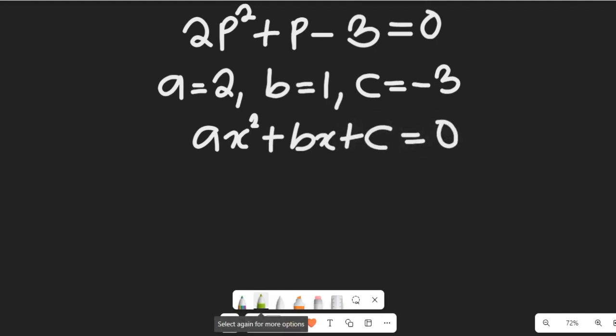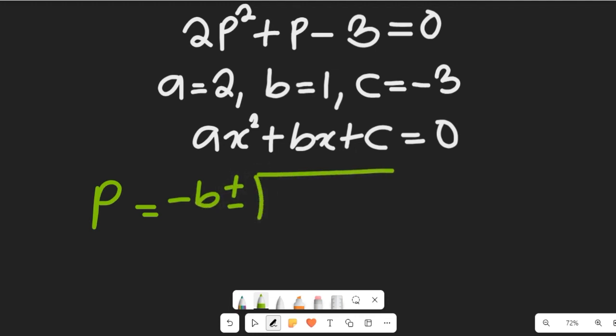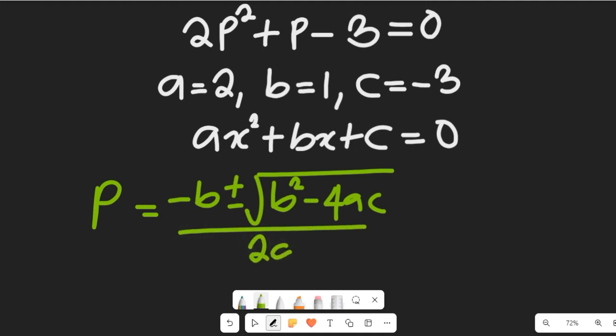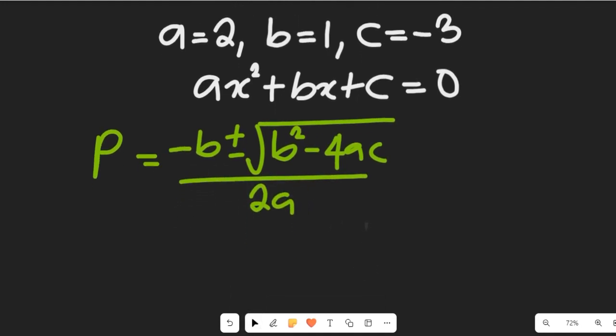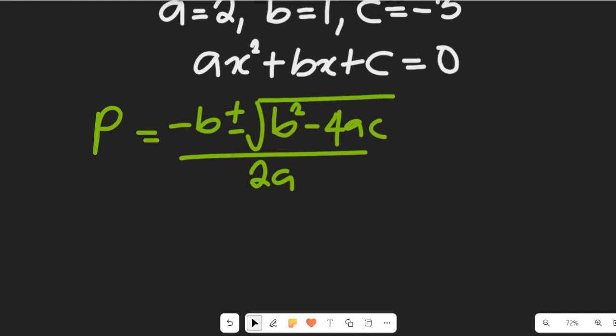So we use the quadratic formula to find the value of p, which is equal to negative b plus or minus the square root of b squared minus 4ac, divided by 2a. From this expression, you see that our a is equal to 2, our b is equal to 1, and our c is equal to negative 3. Let's insert this into that expression to find the value of p.